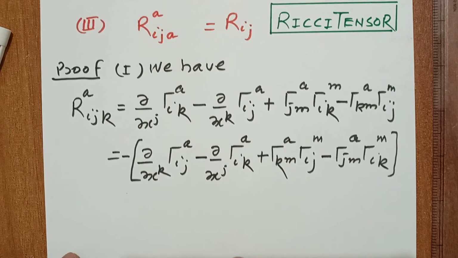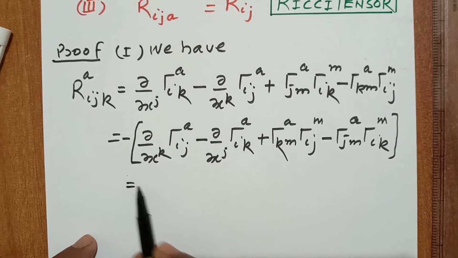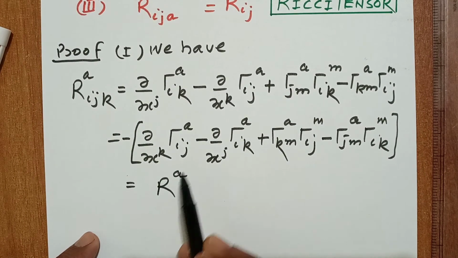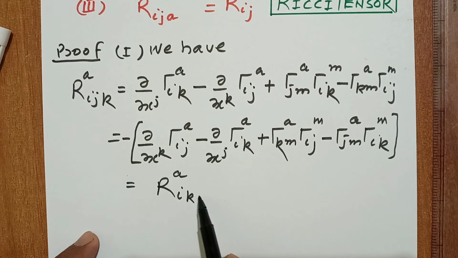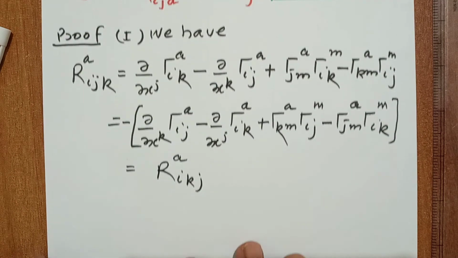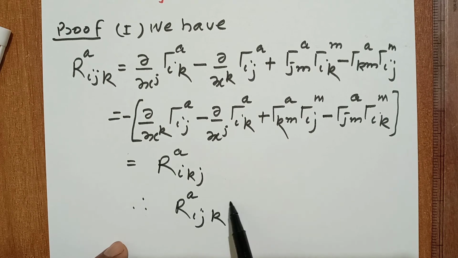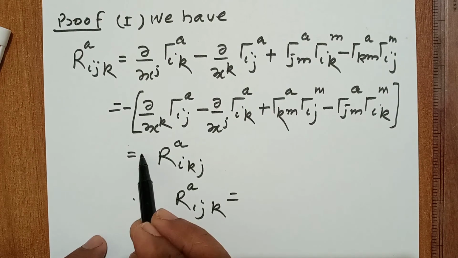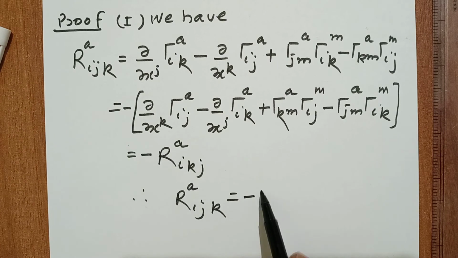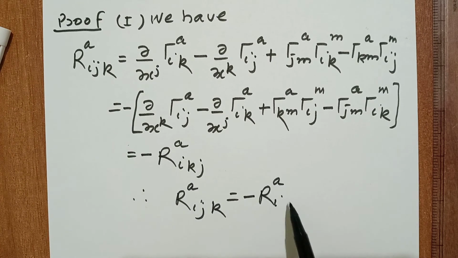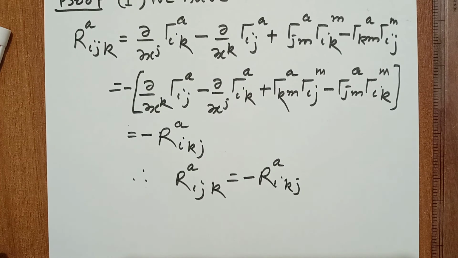So by definition, this is R^a_{ikj}. Therefore R^a_{ijk} = −R^a_{ikj}. So the first property is established.